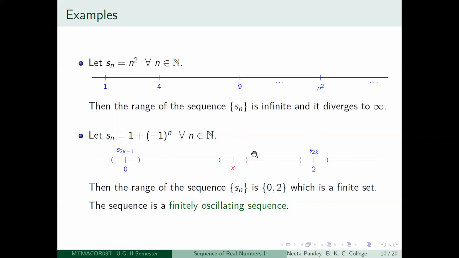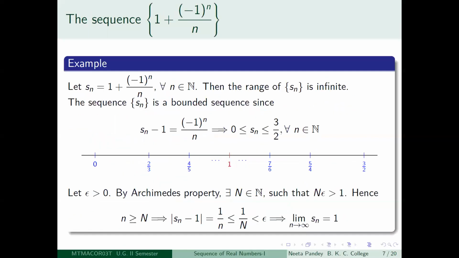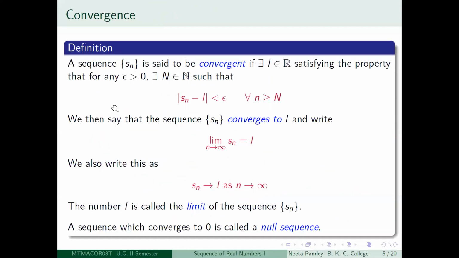You can say that we could have taken a huge neighborhood which would contain both 0 and 2, then there would have been no problem. But that is again not the issue. The issue is that for any epsilon greater than 0, you should be able to do this. So for however small or big or whatever neighborhood you take of the point L, this condition in purple should be satisfied.